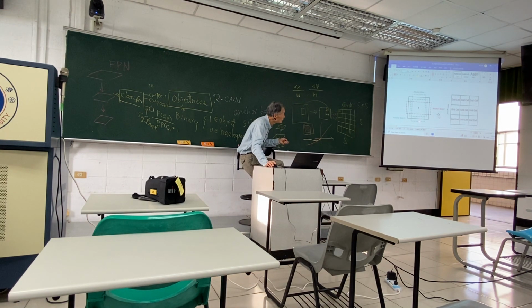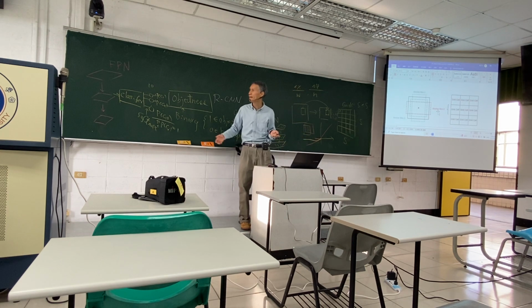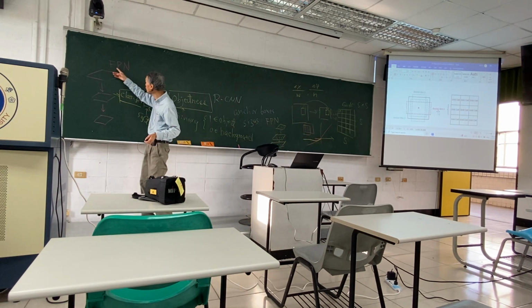Anyway, it divides an input image into cells or grids, and then you use FPN to try to identify objects of varying size.